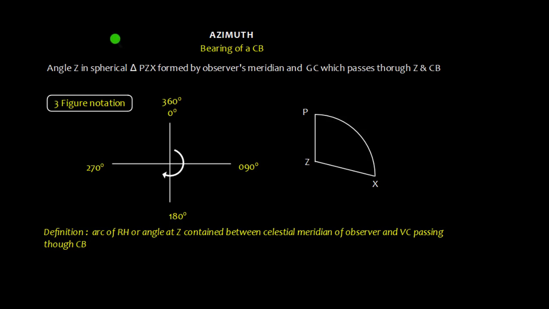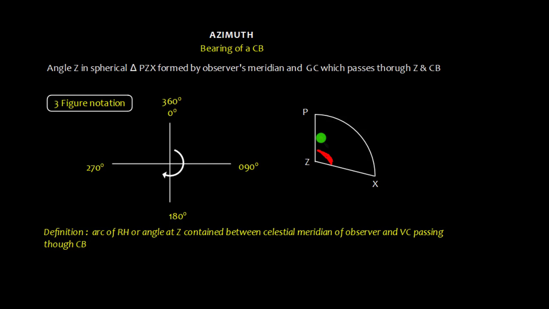So we need to talk about another term which is called azimuth. Basically, azimuth is the bearing of a celestial body. So if you see this diagram, PZX, this is the PZX triangle, the typical PZX triangle which is formed in the rational horizon diagram. So here the angle Z is azimuth.